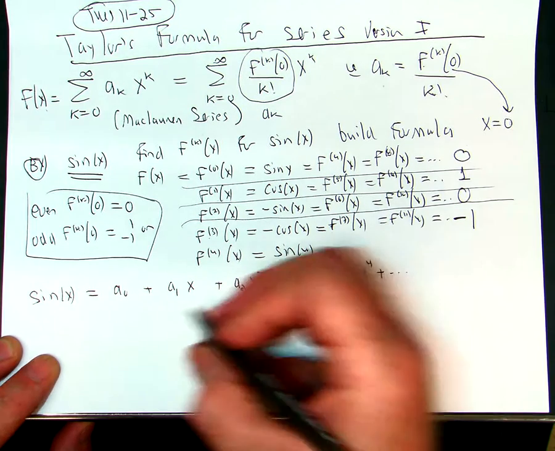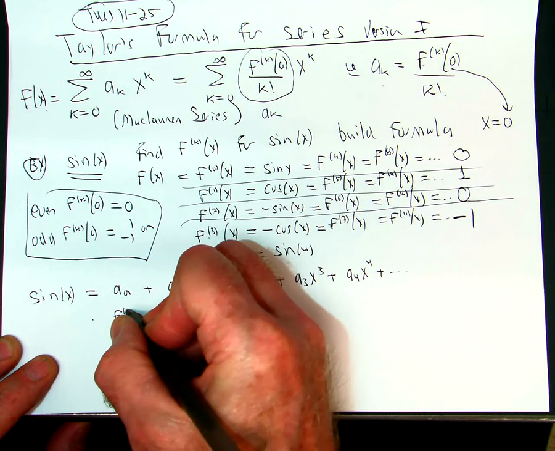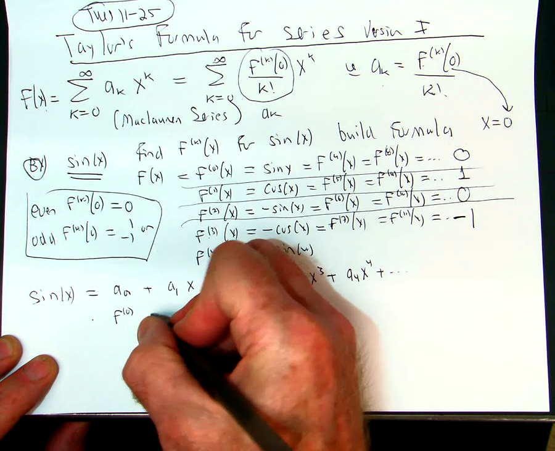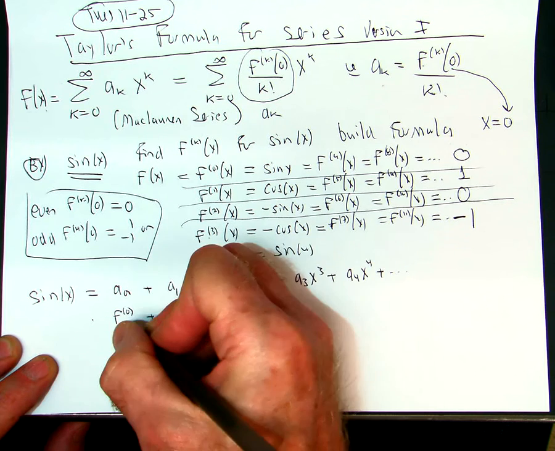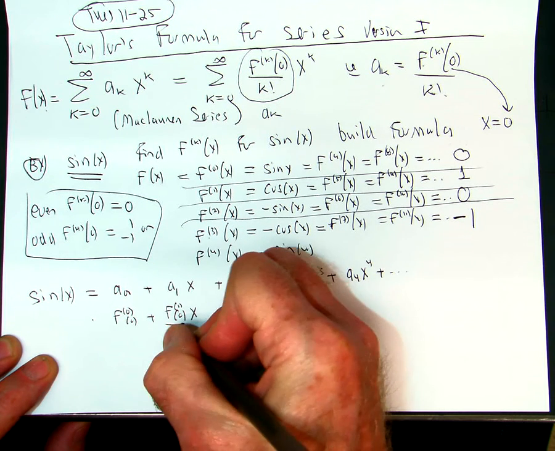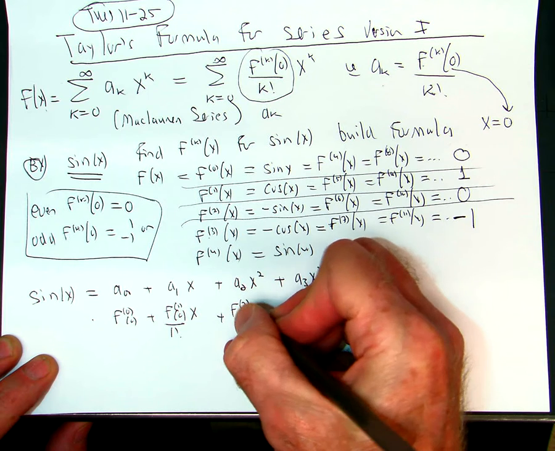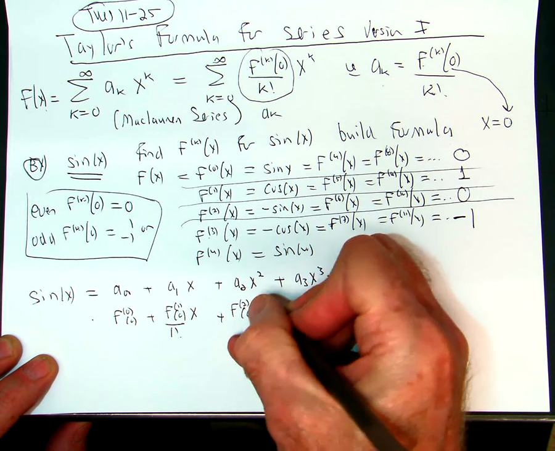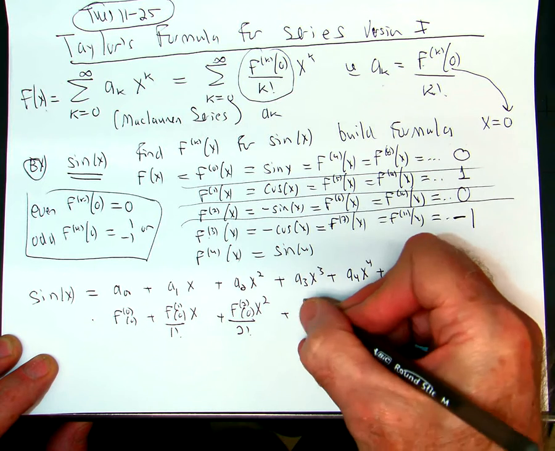So a0 is going to be f of 0. a1 is going to be the first derivative at 0 times x over 1 factorial. a2 is going to be the second derivative at 0, which we know is going to be 0, over 2 factorial and so forth.